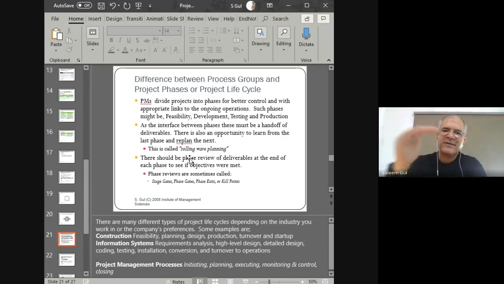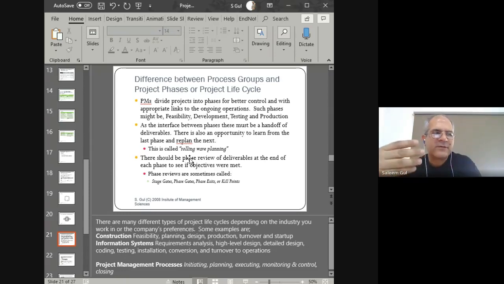And these arrows that are there in each of the phases of the life cycle, what do we call them? Well, we call them stage gates, phase exits, or kill points, or exit points, or kill gates, etc. Right? So there are several terms used for them.